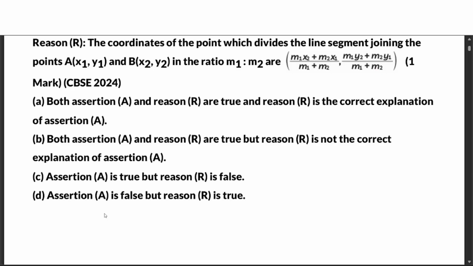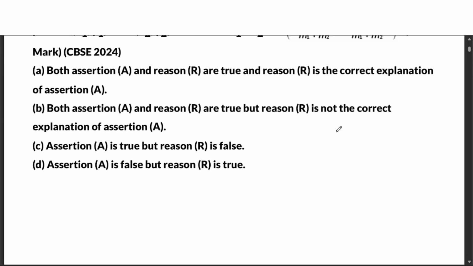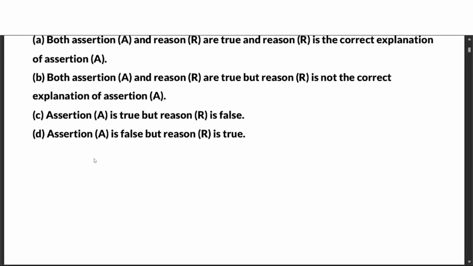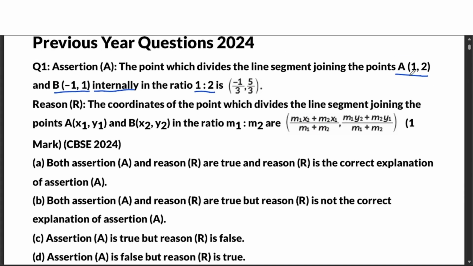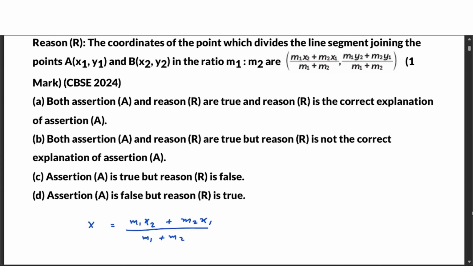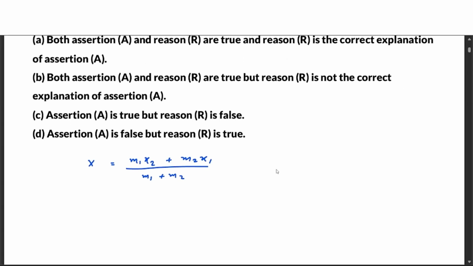So here we know the coordinate formula, x is equal to m1 x2 plus m2 x1 over m1 plus m2. We have the coordinates given: A is 1, 2 and B is -1, 1. Based on that we will first find the x coordinate.